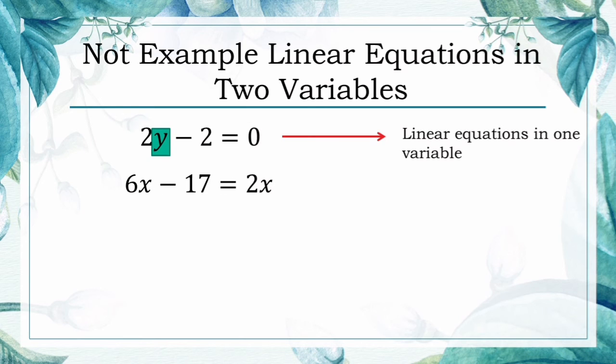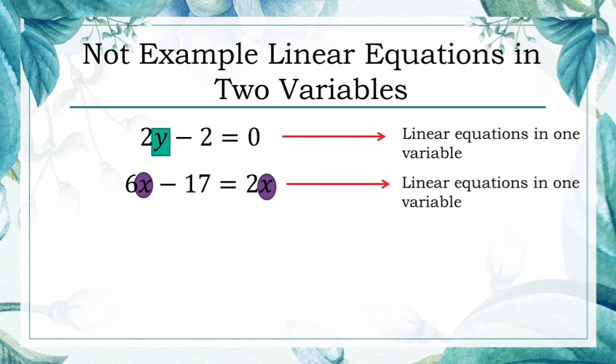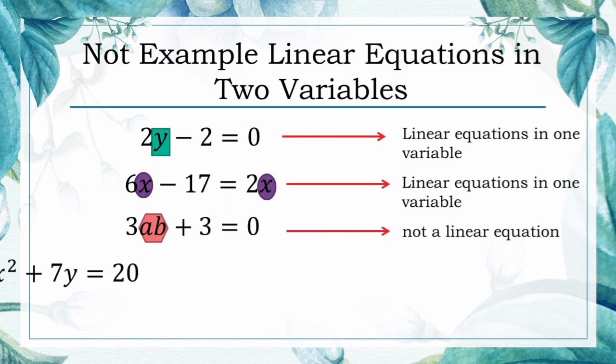Number 2. 6 times x minus 17 equal to 2 times x. This expression is a linear equation in one variable. Number 3. 3 times a times b plus 3 equal to 0. This expression is not a linear equation.